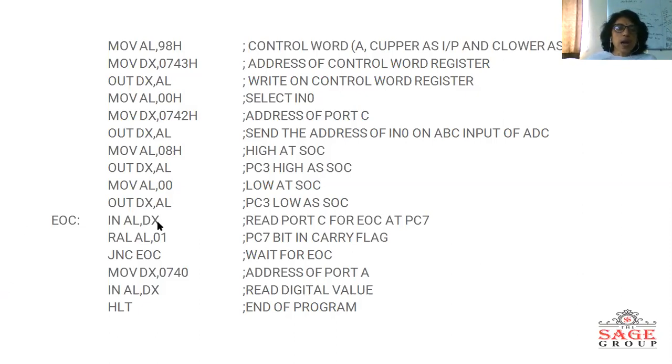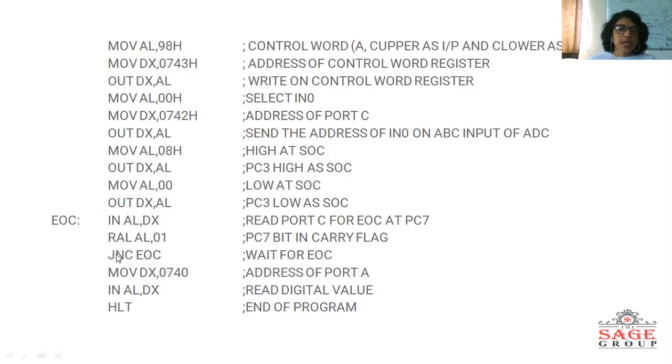Now we are reading port C for end of conversion. Once the conversion is over, that means the ADC has converted the analog input to digital output. So we have read port C. We separate out the PC7 pin by using the rotate command, and the most significant PC7 pin will be sent to the carry flag by rotating the AL register left by 1 bit.